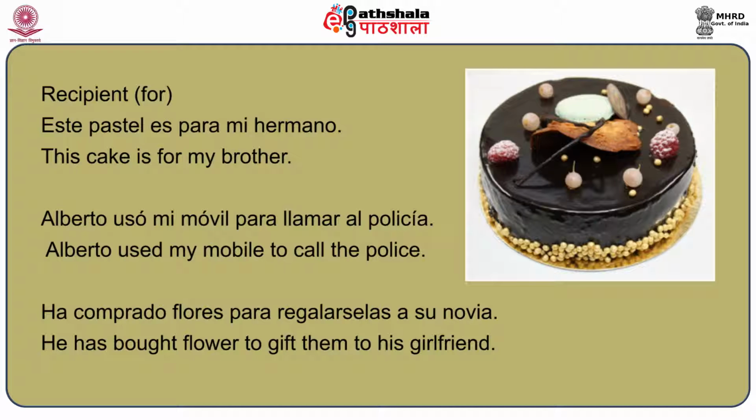Next example is, ha comprado flores para regalárselas a su novia. I repeat, ha comprado flores para regalárselas a su novia. In English, the sentence is he has bought flowers to gift them to his girlfriend.